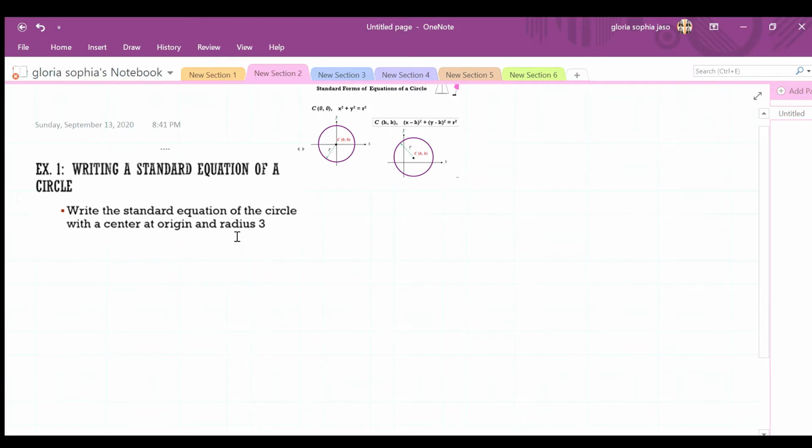Our first example, write the standard equation of the circle with a center at origin and radius is 3. So, tingnan natin class yung given. Una, center at the origin and radius is 3. Sulat natin muna yung given.